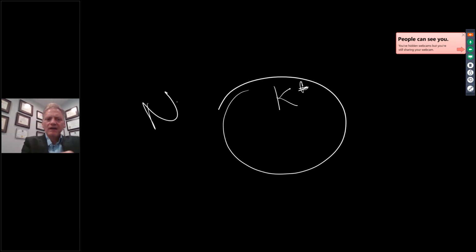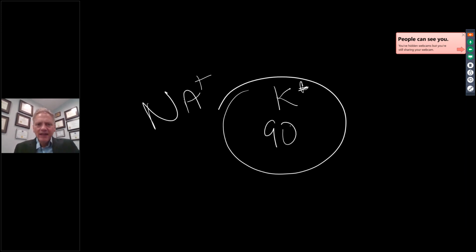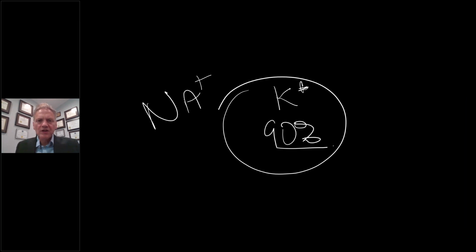On the outside of the cell, we have a whole bunch of sodium, which holds a positive charge. You also have some chloride out here as well. But as a matter of fact, 90% of your potassium is going to be found intracellular, where the lion's share of your sodium is going to be extracellular.